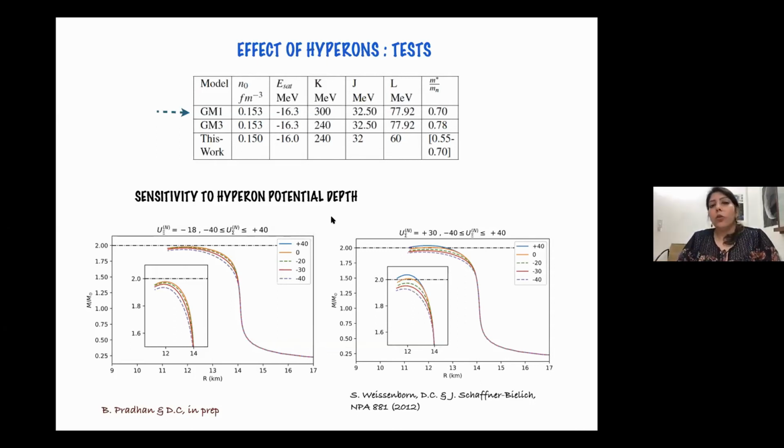It is also suggested from hypernuclear experiments that the sigma potential is repulsive. We actually performed this study in detail in the Weissenborn paper, and we systematically showed that no matter what value of repulsive potential depth you put, the sigma will be eliminated from the core of the neutron star, and this would not affect the mass radius relation.